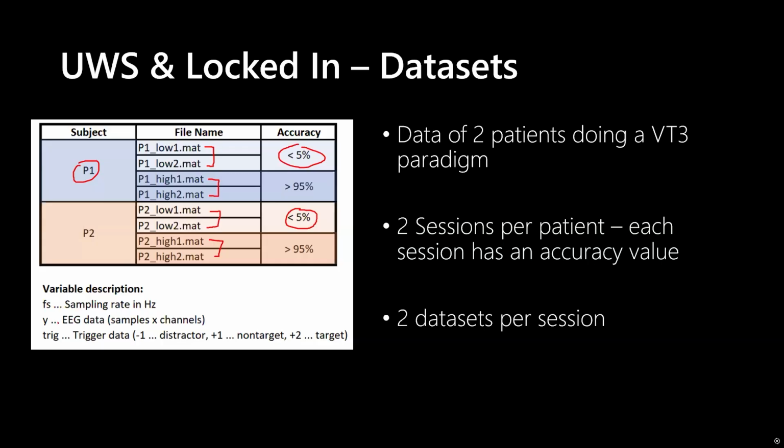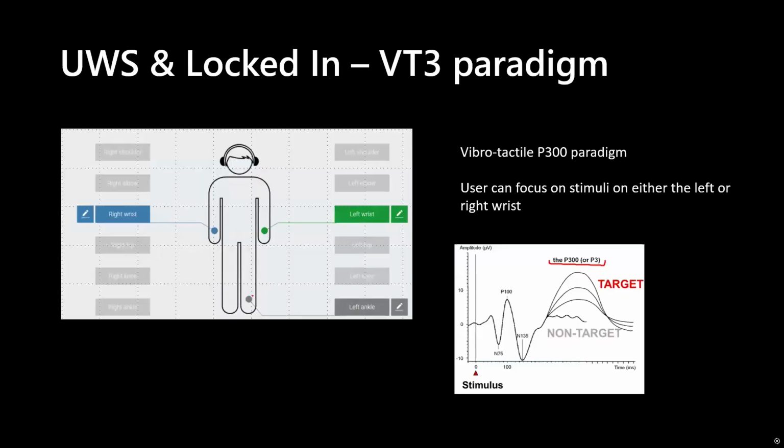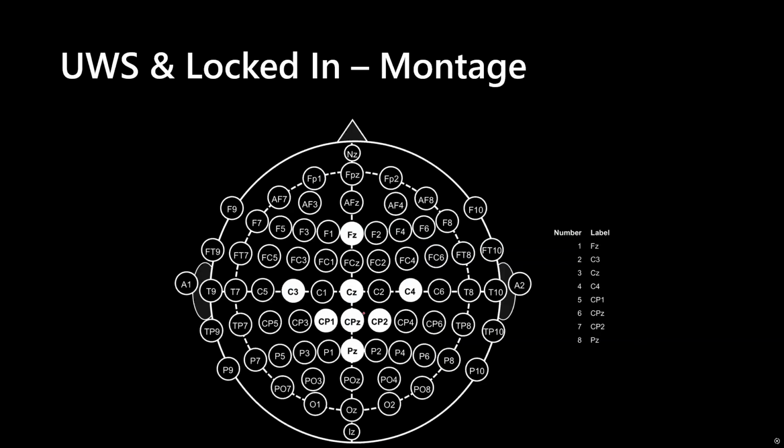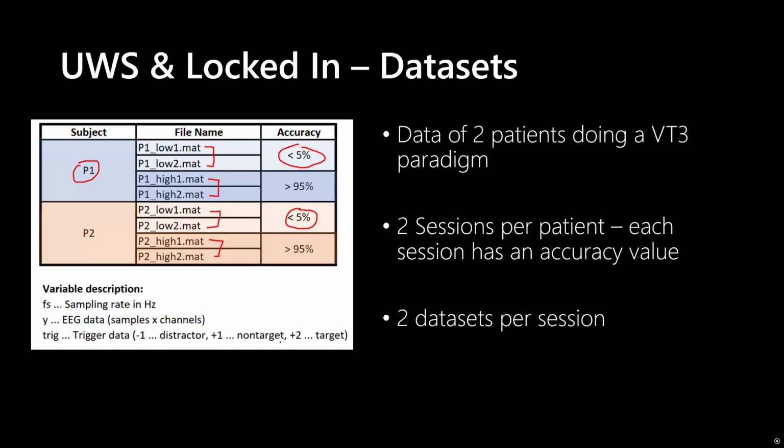We have a sampling rate in Hertz, the EEG data, and the trigger, which is -1 for the distractor. The distractor is essentially the left ankle, which the subject should never pay attention to. +1 is for the non-target, either the left hand or the right hand, and +2 for the target, which they should be paying attention to.